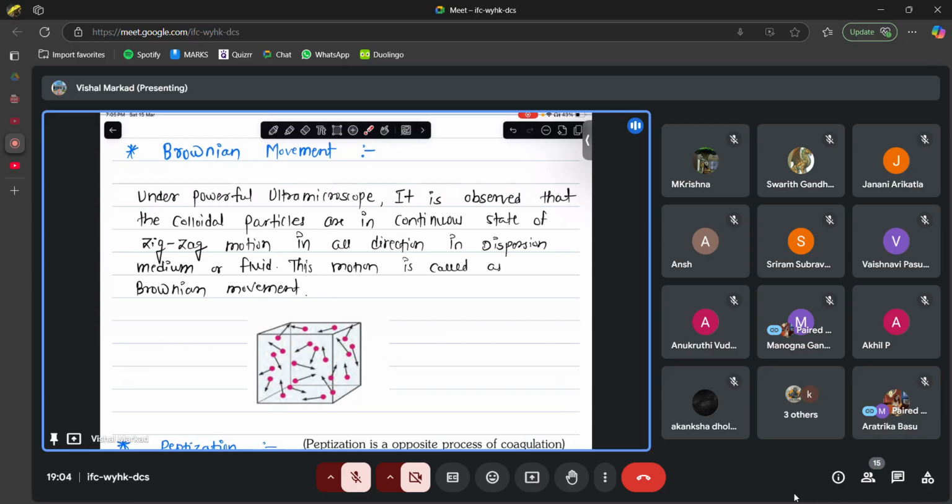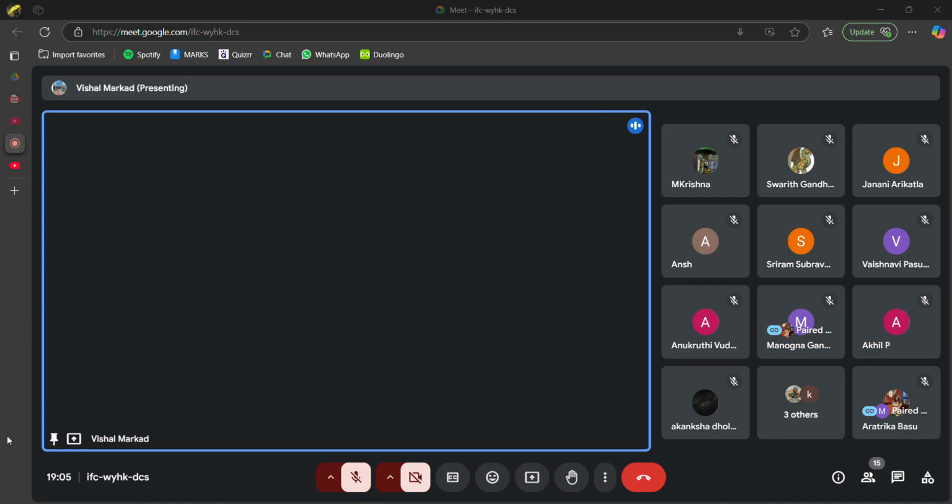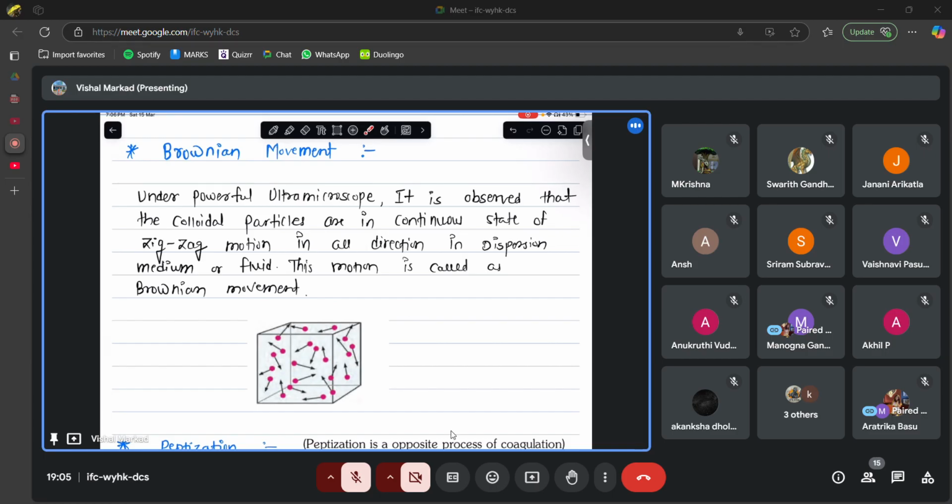Listen carefully, this is very important. In colloids, are the disperse phase particles in continuous movement in the dispersion medium, or do they settle down at one position? Listen carefully what I am asking: are they in continuous motion or do they settle down at the bottom?